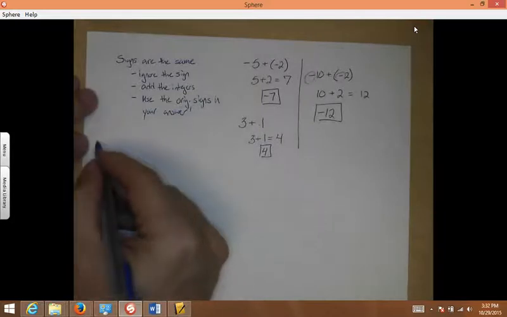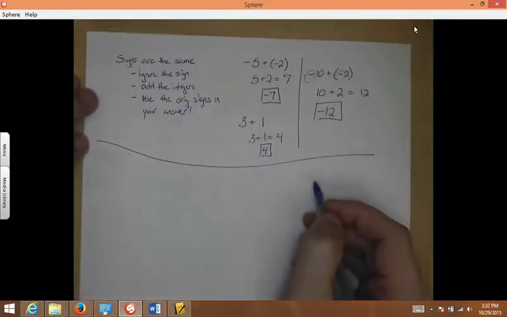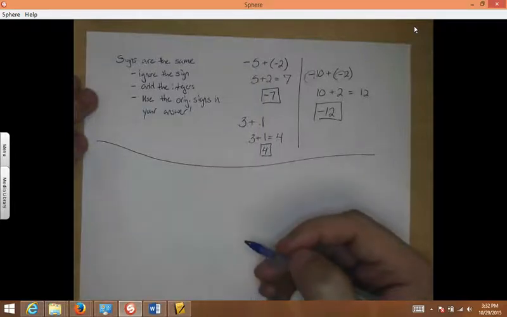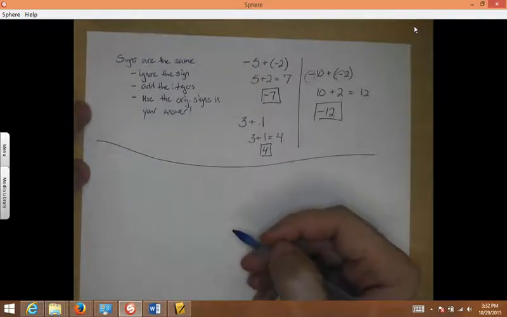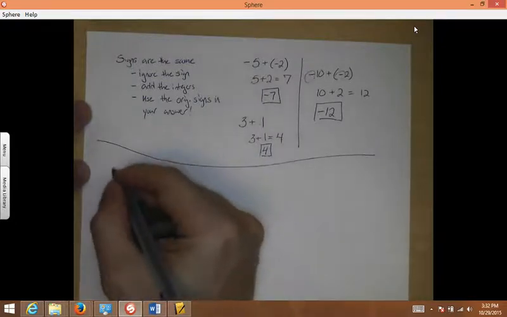Now, when you have signs that are different, I'm going to skip ahead to the shortcut method that we went over today, where you can just do it right in your head. We'll do a whole bunch of these.